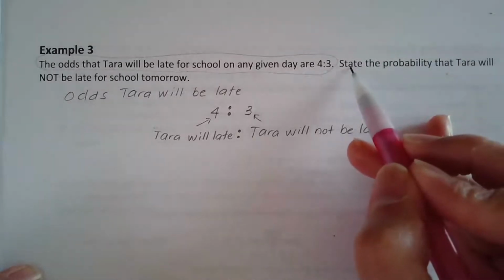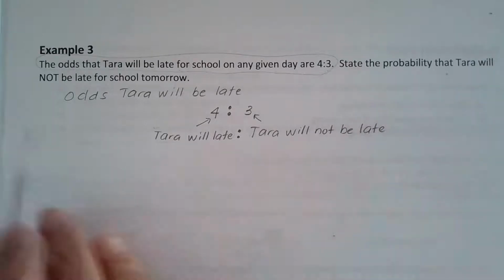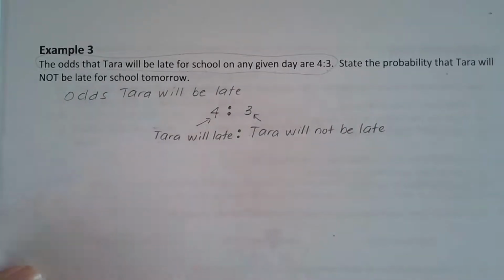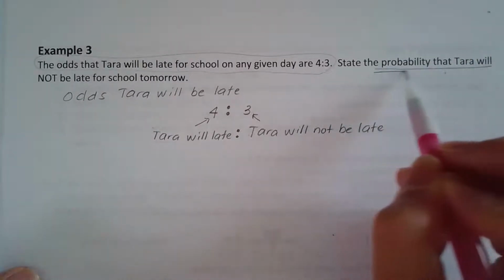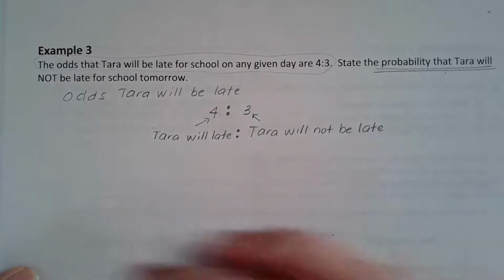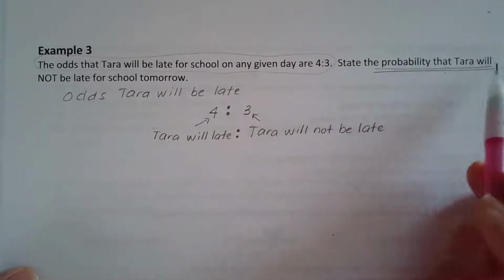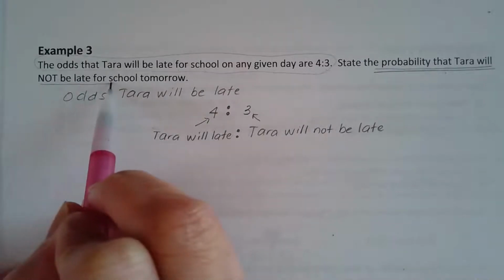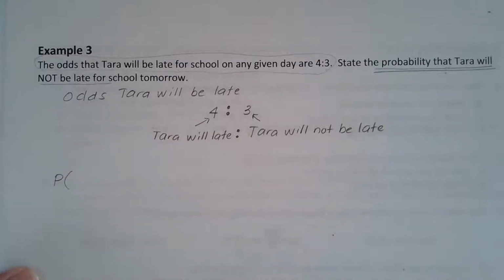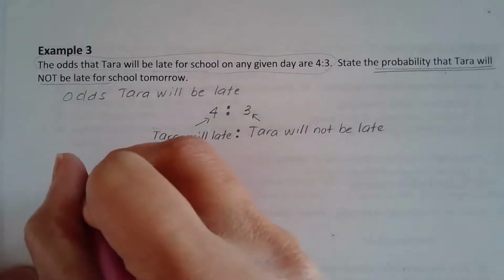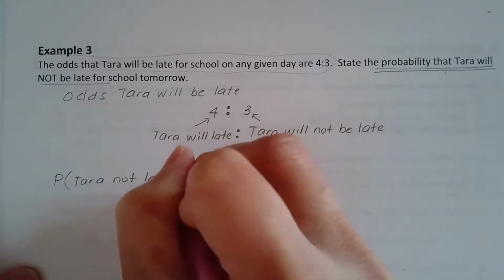Let's read on. State the probability that Tara will not be late for school tomorrow. Now we're going to go to probability. So what are we looking for? Probability that Tara will not be late for school. Probability, and then the event is Tara not late.